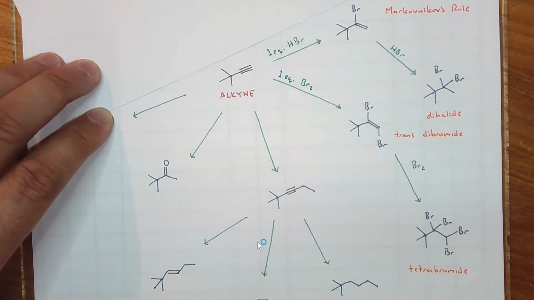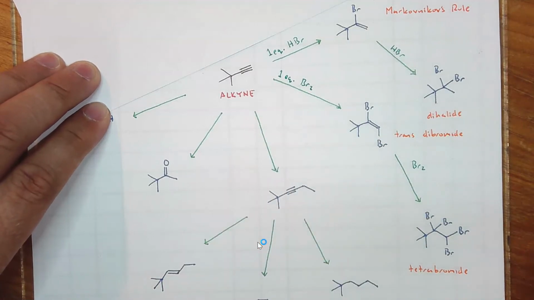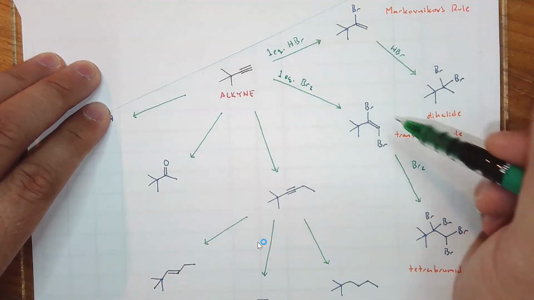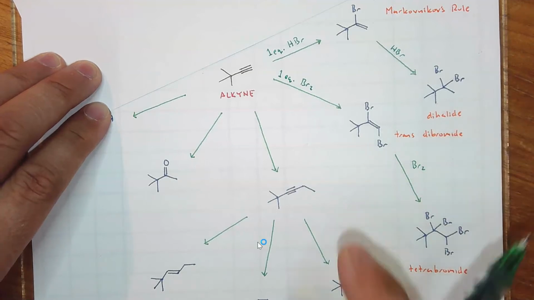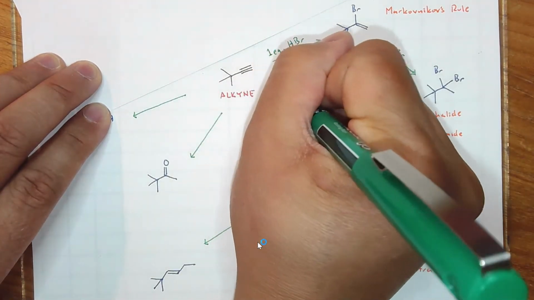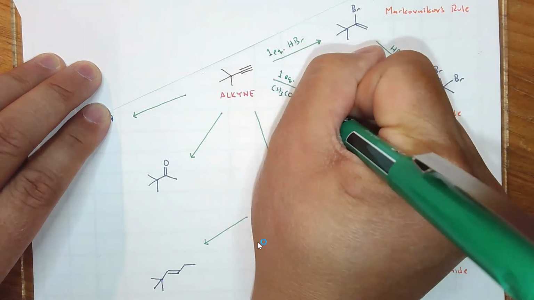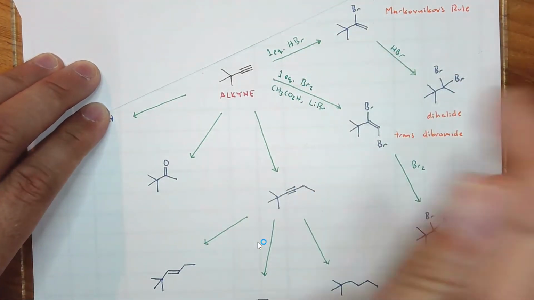Now, in my textbook, they add a couple more reagents. I think it's to help make the regioselectivity and the stereoselectivity more pronounced. And those reagents are acetic acid and lithium bromide, a salt. I won't expect my students to write this.